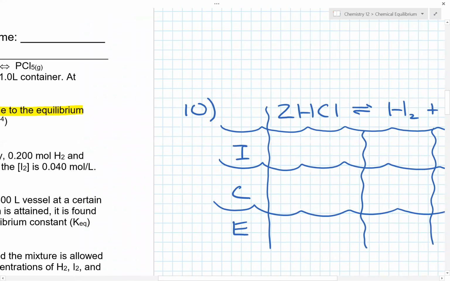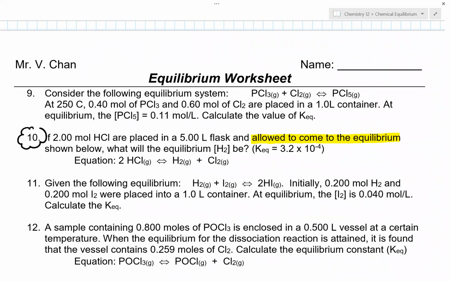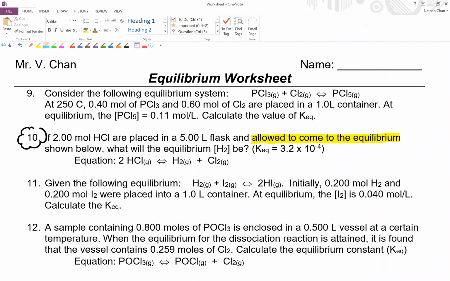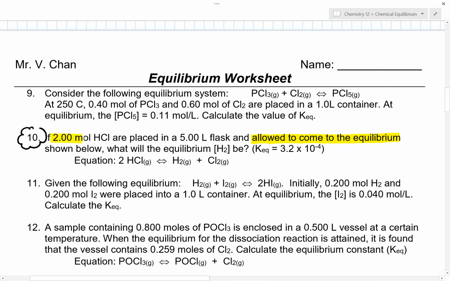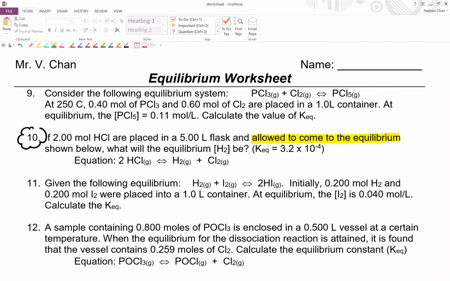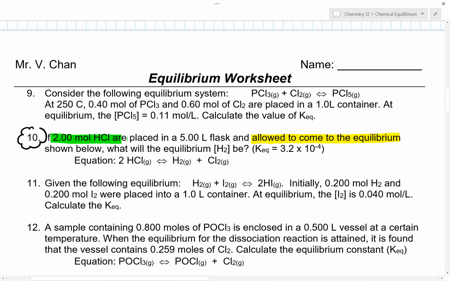Now, how do we fill it in? It says 2 moles of HCl. I'm going to highlight it in a different color. 2 moles of HCl are placed in a 5-liter flask.